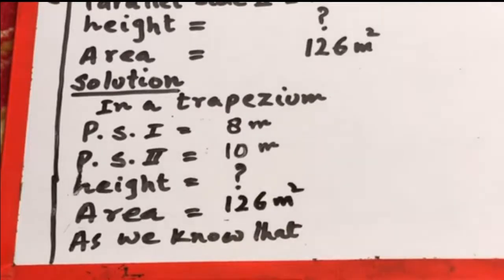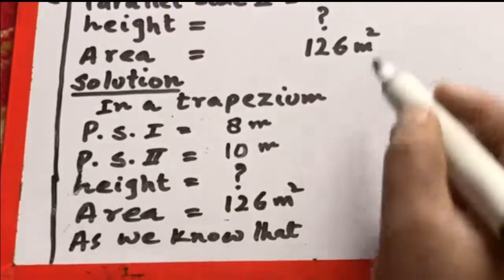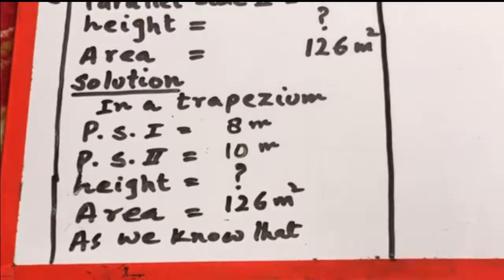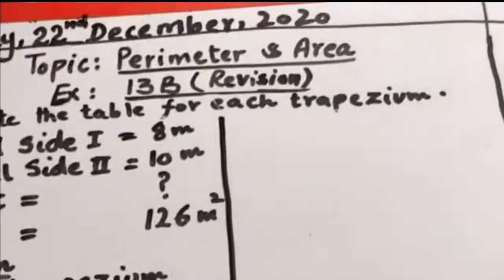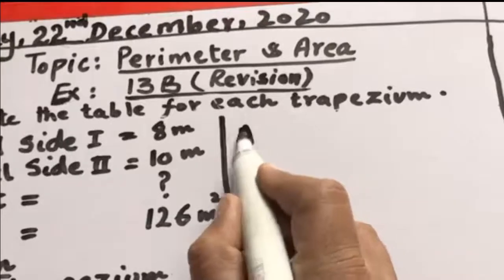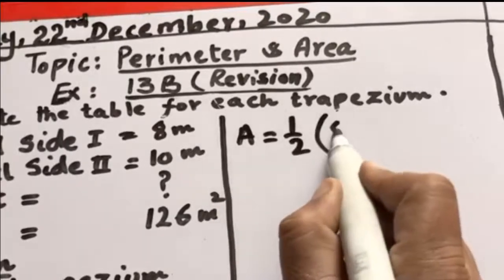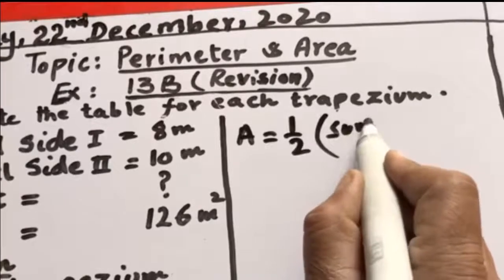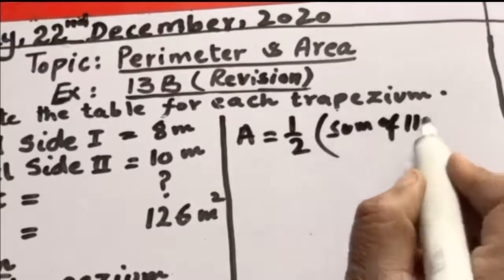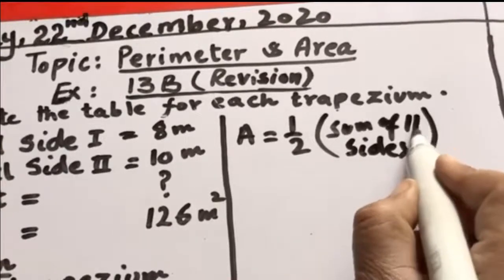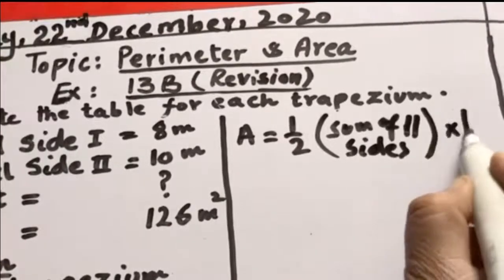As we have learned the area formula, we know that the area of a trapezium is equal to 1 over 2 into the sum of parallel sides multiplied by height.